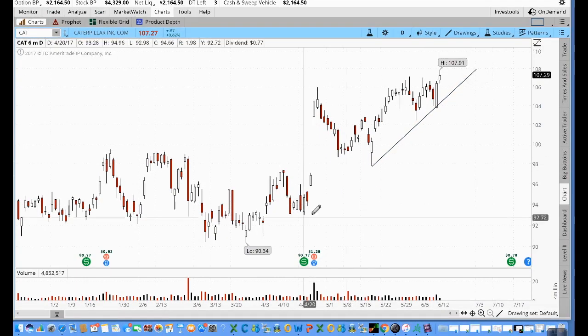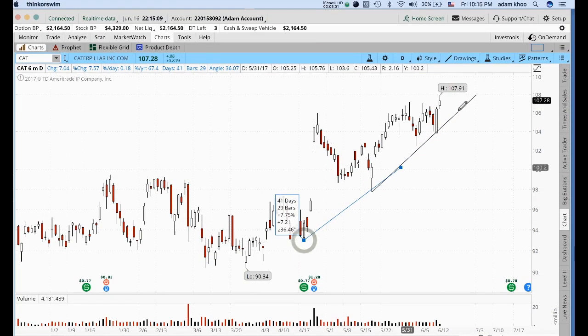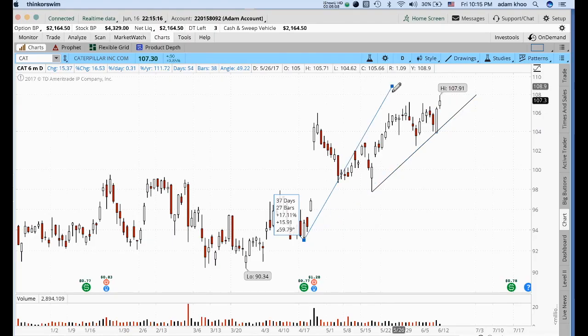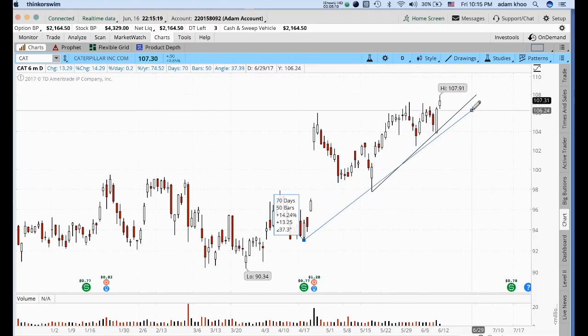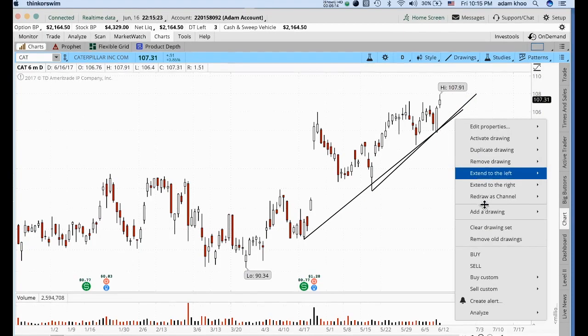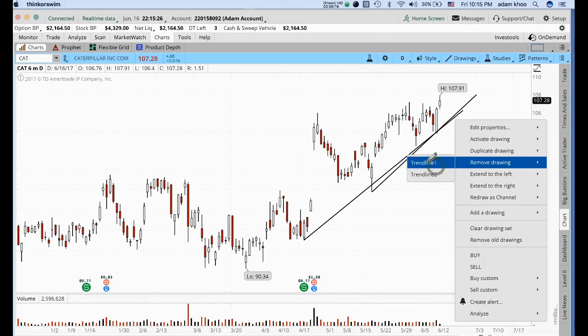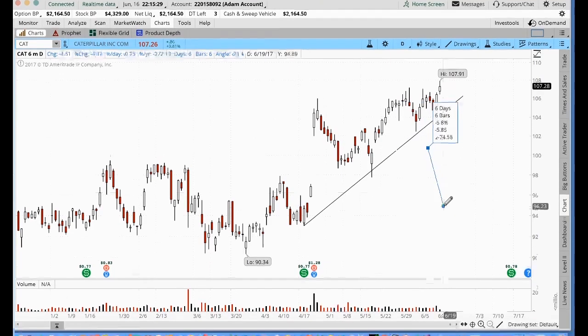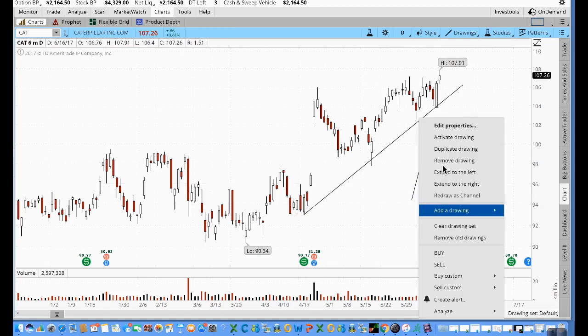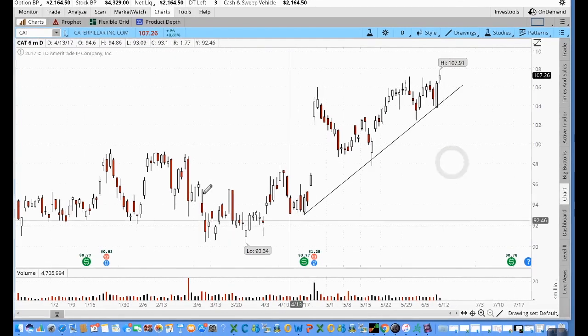Okay. So connect this. Now again, this is not a trend line. I'm just demonstrating because remember, a trend line has to connect at least 3 points very, very obviously. So these are not really trend lines. I'm just showing you how I draw them. Okay, so I'm just going to remove the drawing.